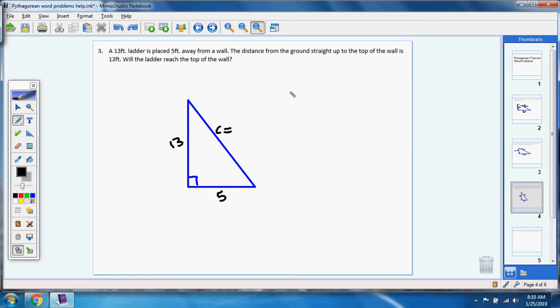So we will show our Pythagorean theorem. So we're going to plug in our numbers. You can say A is 13 or A is 5. It really doesn't matter because you have to square and add them together anyways.